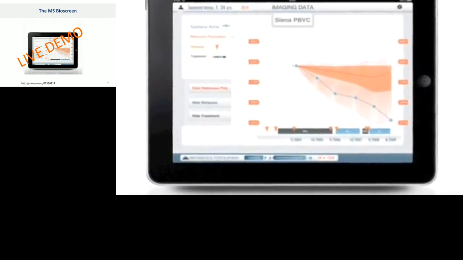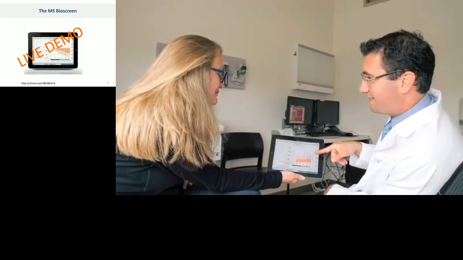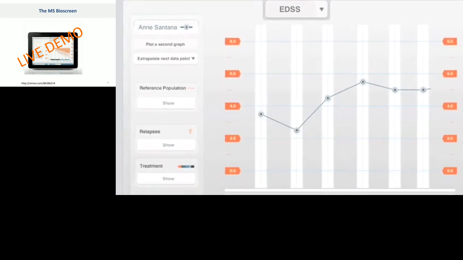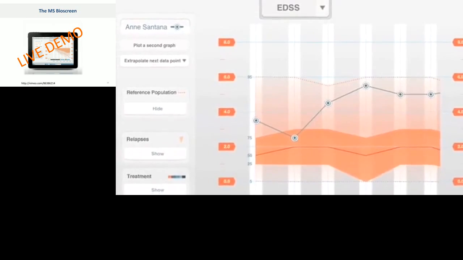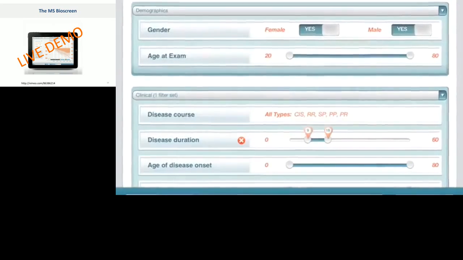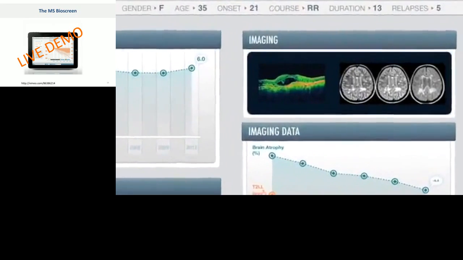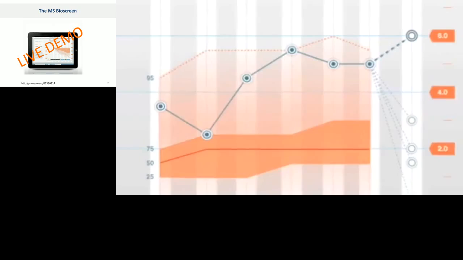The MS Bioscreen brings a new look into the disease in 3 ways. First, during consultation, Dr. Smith can access all of Anne's data and instantly get a snapshot of how her disease has been progressing over time. Second, Dr. Smith can compare Anne to similar patients to provide a frame of reference that is tailored to Anne's characteristics. Dr. Smith can also very simply access other types of data from this tool, such as imaging.